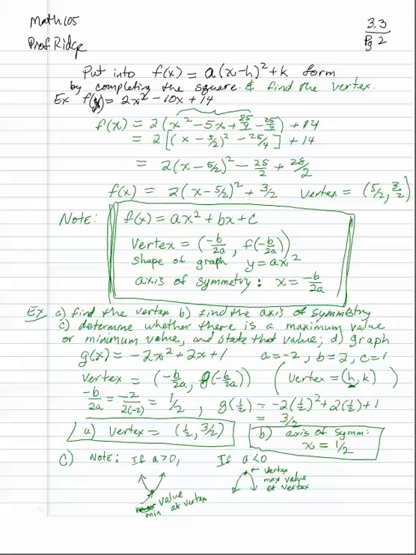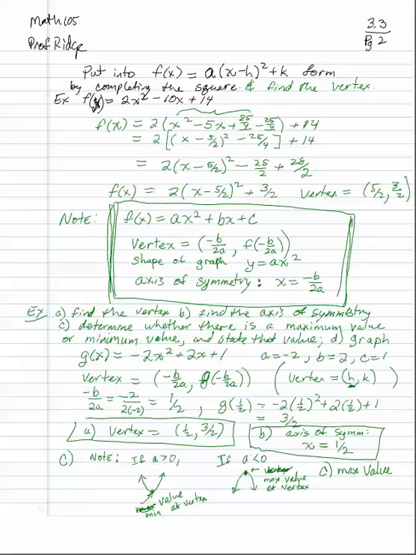Now, remember, the y value is going to be the max value or the minimum value, and the x value is where it happens. Okay, so we're looking for what's the maximum value of the function, what's the highest value, so it's whatever the y coordinate is there at the vertex. Okay, so a is negative, so here's my answer for C. a is negative, so that's going to be a max value.